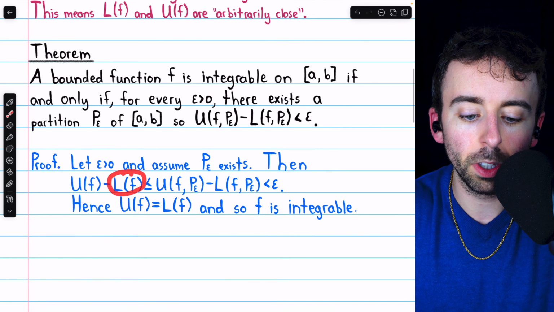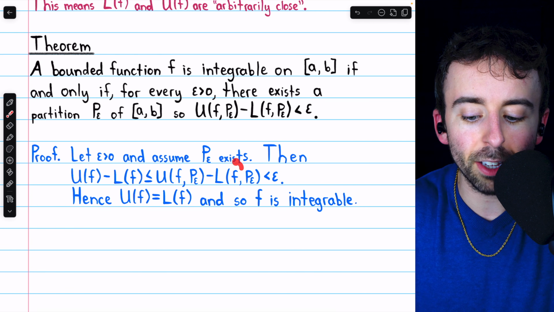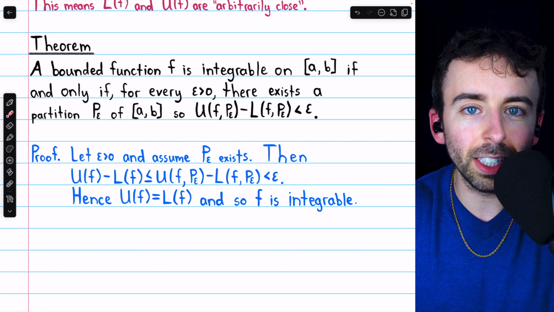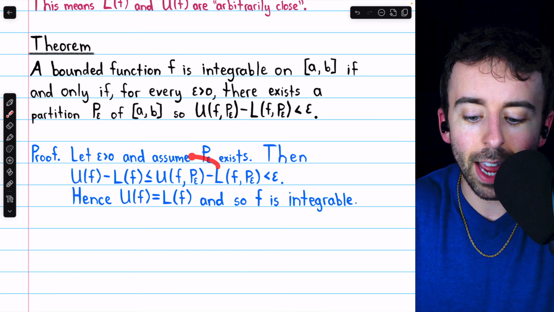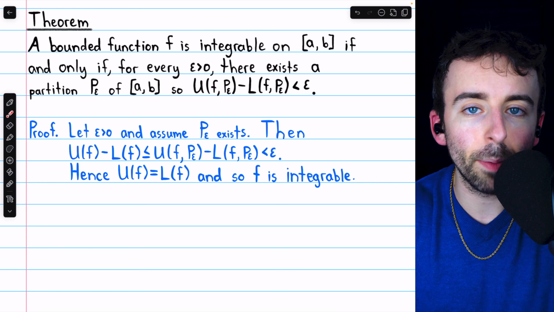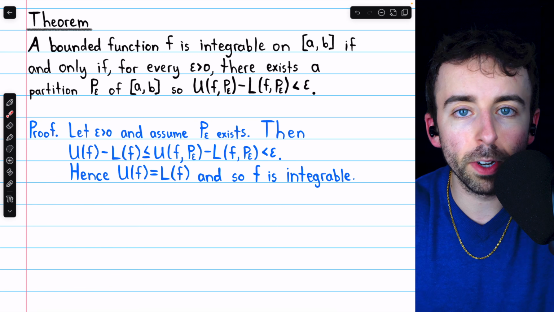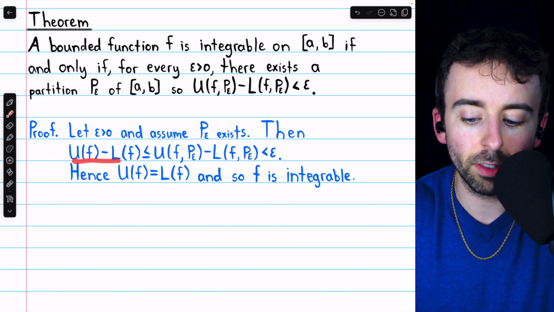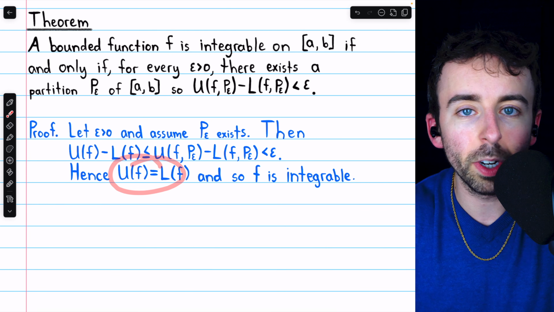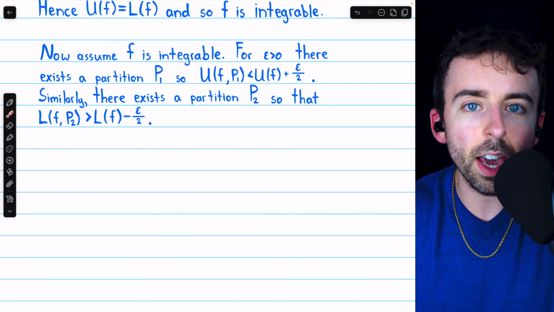Similarly, the lower integral, as the supremum of the lower sums, if anything, is going to be greater than this particular lower sum. That is to say, the distance between the upper and lower integrals will certainly be no bigger than the distance between any two particular upper and lower sums. Hence, the existence of a partition like this for any epsilon greater than 0 implies that the upper and lower integrals are arbitrarily close together, since their distance is always going to be less than that positive number epsilon. Thus, it must be, of course, that the upper and lower integrals are equal, and so by definition, f is integrable, as desired. Next, we'll go the other direction.